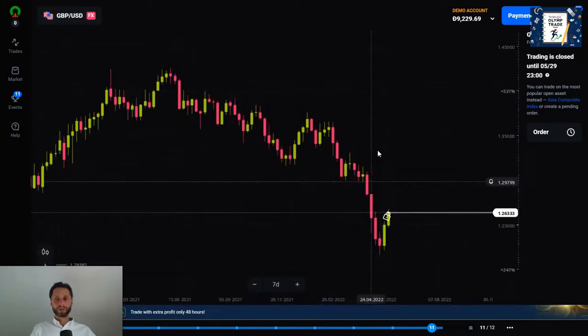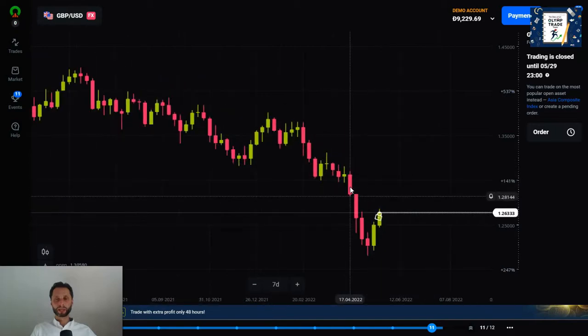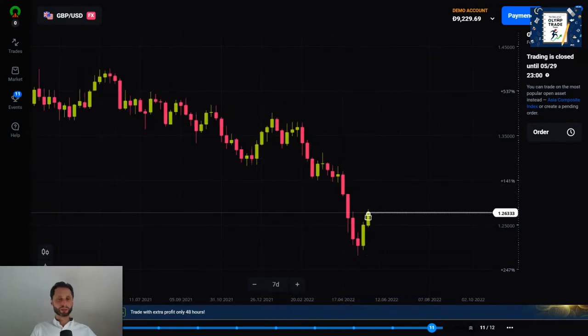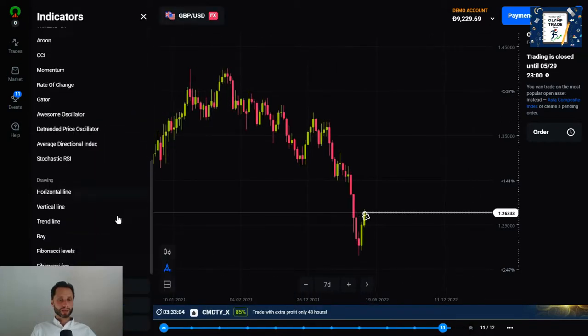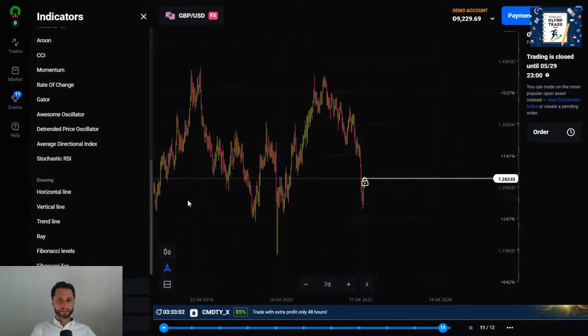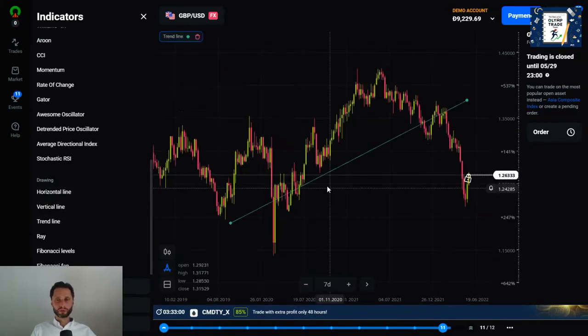So here is the weekly time frame. These are the weekly candles. Let's look at the level right here that I'm going to draw for you.